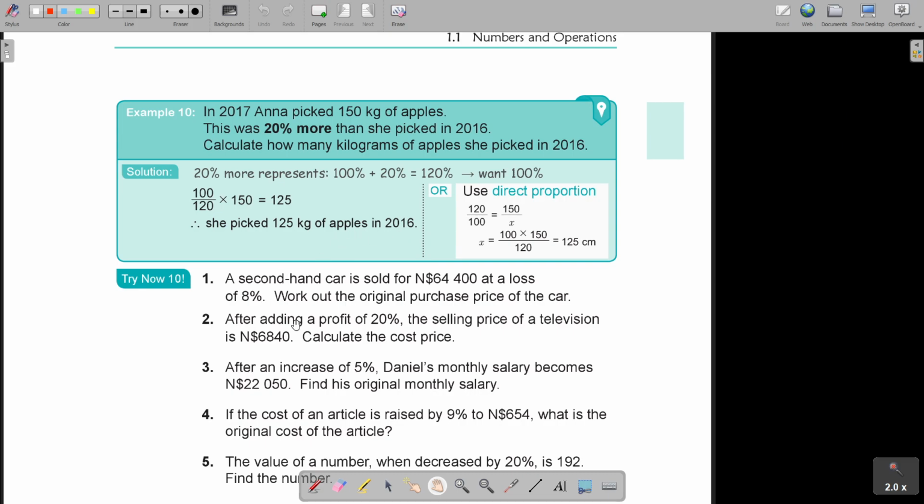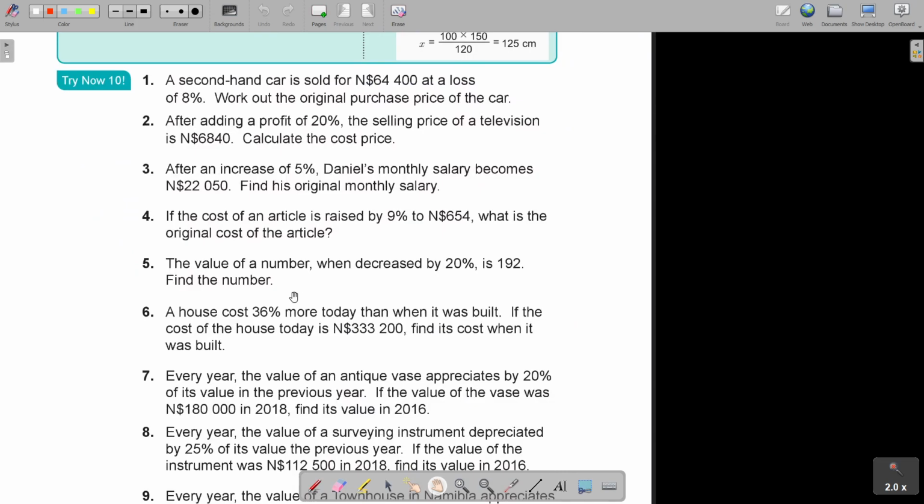Now, a second-hand car is sold at a loss of 8%. Work out the original. If it's a loss, it will be 100 minus 8. After adding a profit, calculate the cost, so this is also plus 20. And another decrease: the value of a number when decreased by 20% is 192.